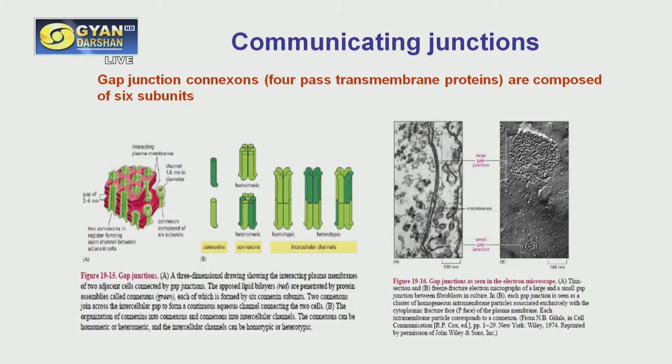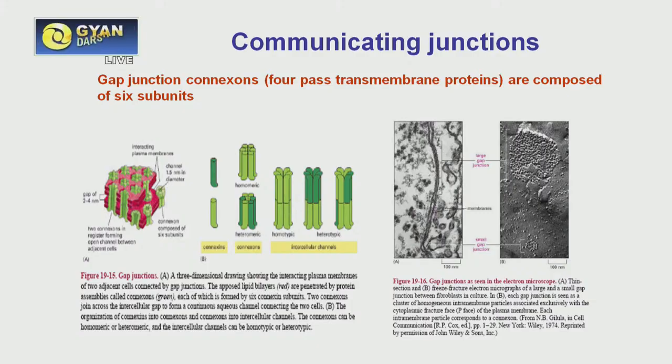Now next we see what these gap junctions are composed of. Again, these gap junctions are composed of certain proteins. The name of that protein is connexin, and this connexin is a 4-pass transmembrane protein. That means it spans across the membrane 4 times.